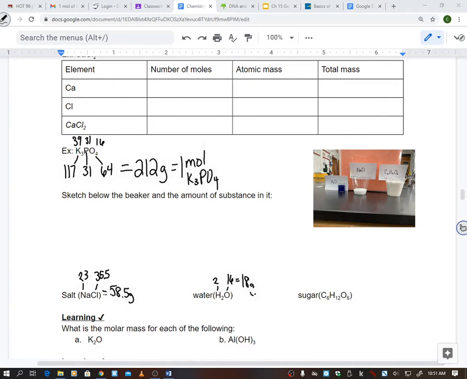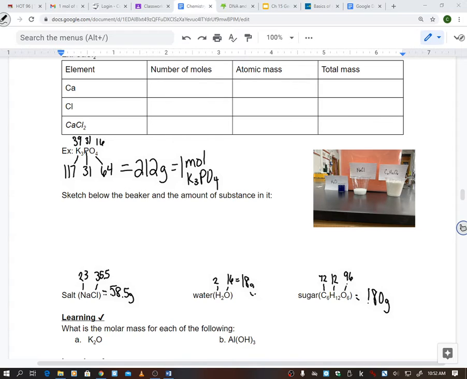Now carbon, sugar's got a lot more going on here. Carbon is 12, but there are 6 of them, so that is really 72. Hydrogen is 1, but there are 12 of them, so that's really 12. Oxygen 16, but there are 6 of them, so that makes 96. So my total here is 180 grams is my molar mass.